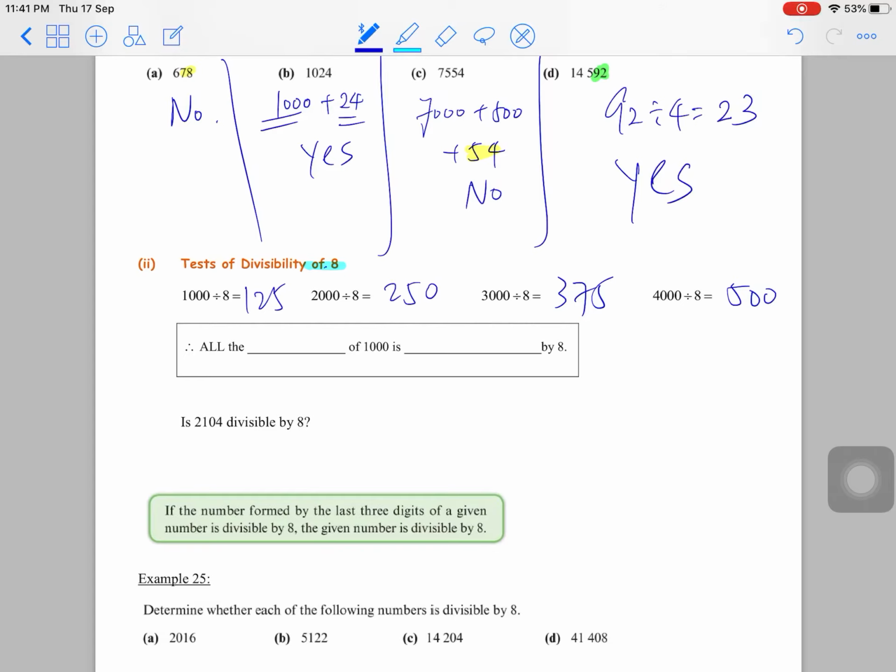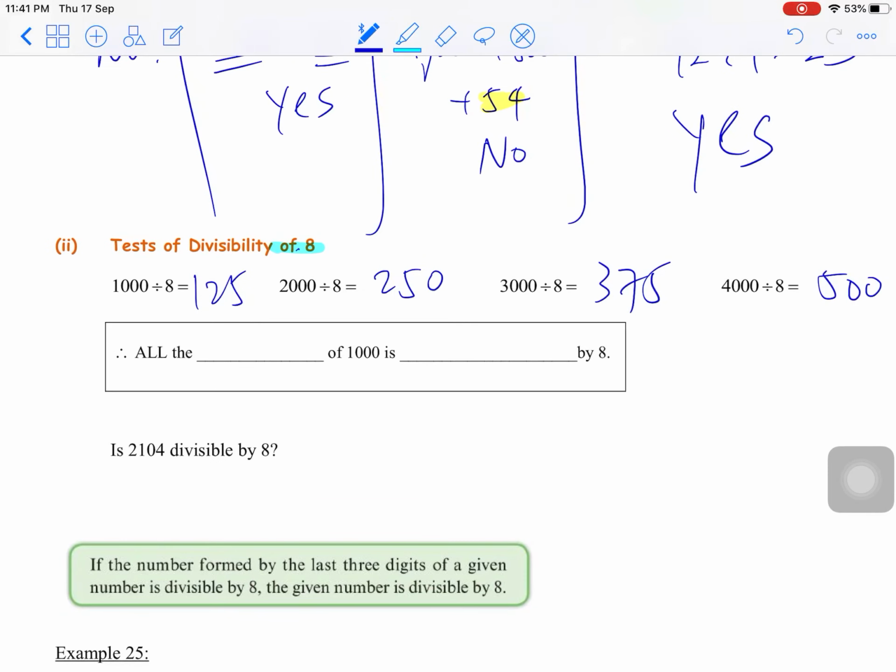You will see that all the multiples of 1000 will be divisible 除得盡 by 8.